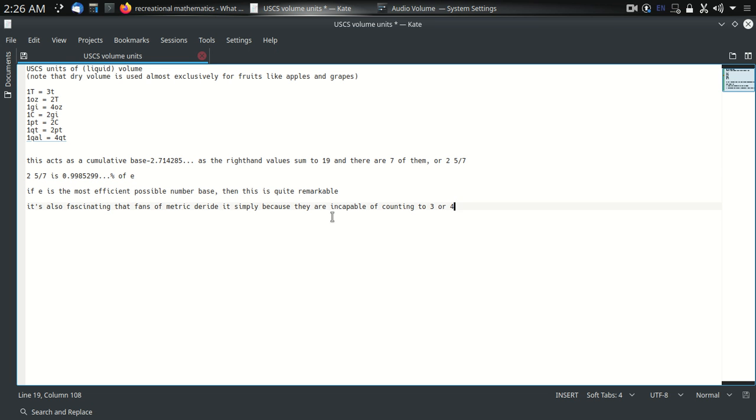Right? Ask somebody who uses metric all the time to find 1/3 of a meter, and they will tell you it's 333 millimeters, which is wrong. You still need that last third of a millimeter. In metric units, you cannot natively get that. And they don't understand what you're saying.